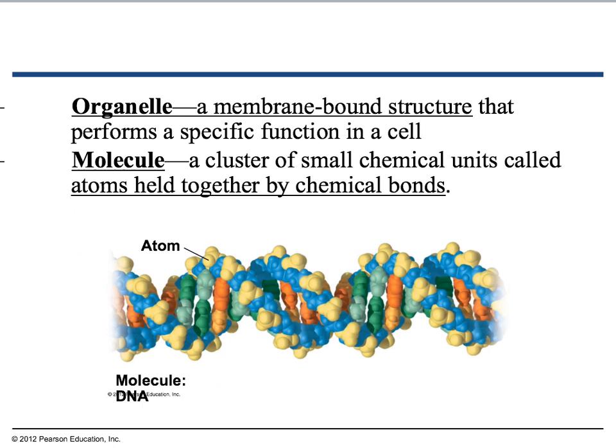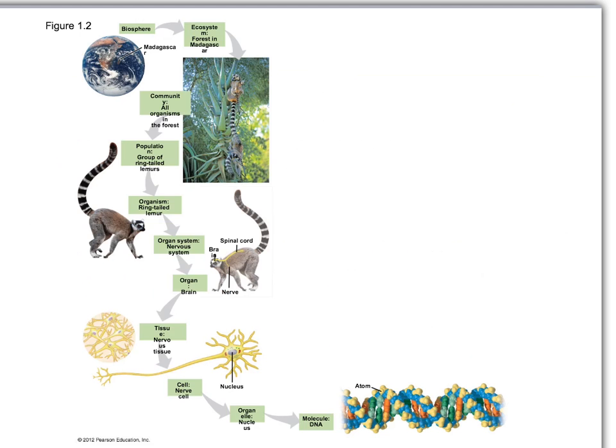Then we also have a molecule, which many of you should have studied in chemistry, which is a cluster of small chemical units called atoms, which are held together by chemical bonds. And you will review those chemical bonds in your next chapter. Just for a quick review, we started with the largest thing, the biosphere. Then we went to the ecosystem, and then the ecosystem down into a community.